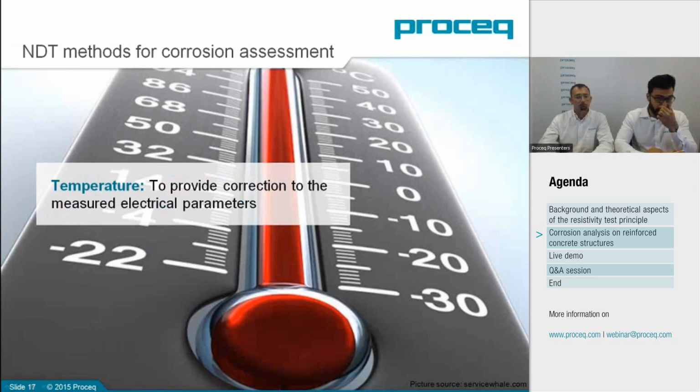Fourthly, we talked about the environment. One of the most important environmental factors is temperature, because temperature provides the correction to the measured electrical parameters. So that's very important for us. So these are maybe 4 NDT methods that we could use to identify the possibility of having corrosion.